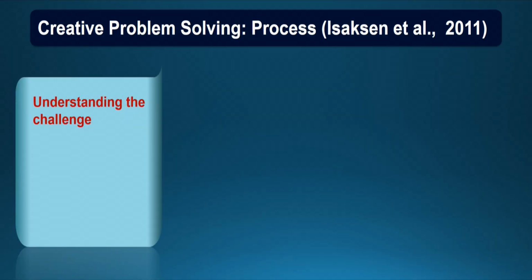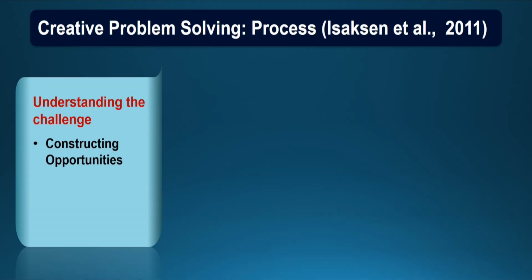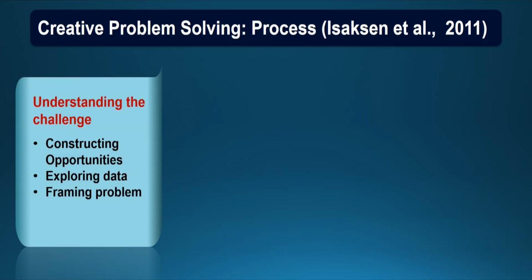Here they try to explain it in terms of how the situation is viewed as an opportunity, and then data and information are collected to explore the reasons, and then on the basis of the identified reason the problem is formulated. And generation of ideas, which was at the second stage in the Loy process of decision making, comes at the first stage in the Isaksen model.